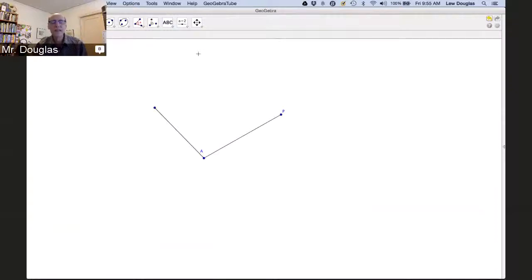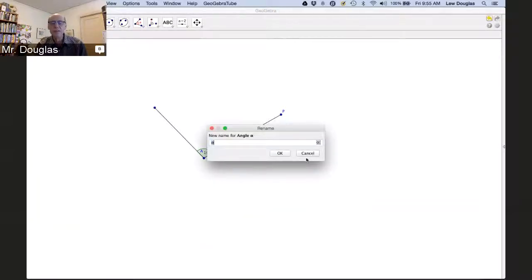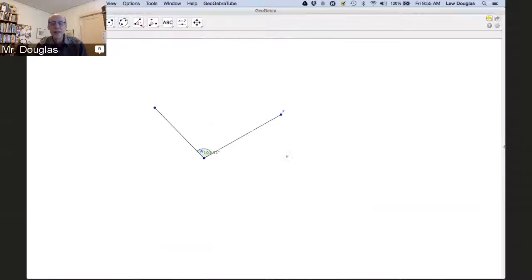And angle. Rename alpha. All right. It should say alpha. Yeah, angle alpha. Okay. It shows the degrees. I guess that's okay.